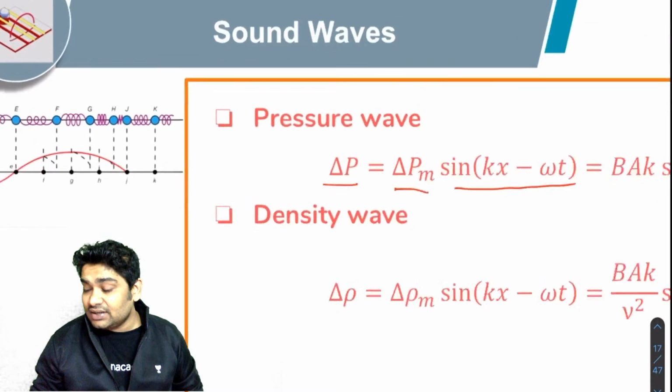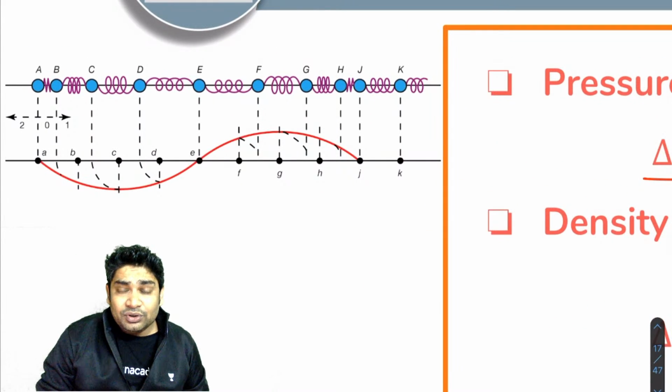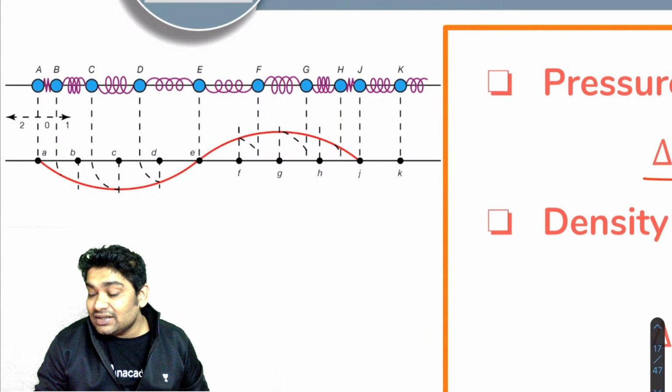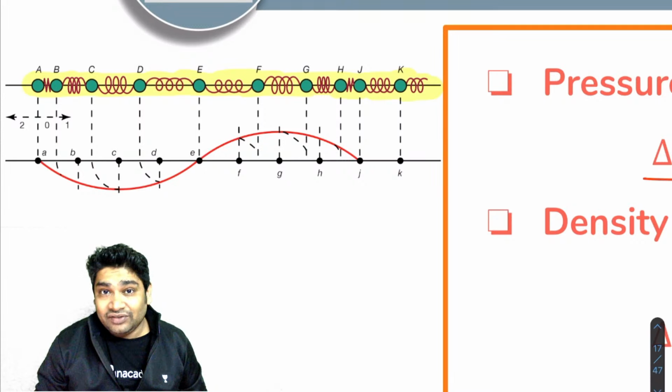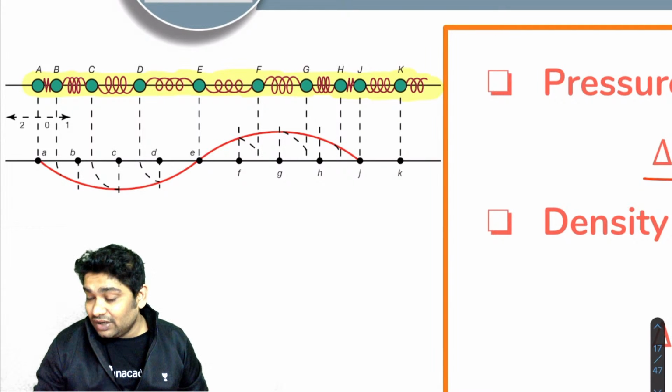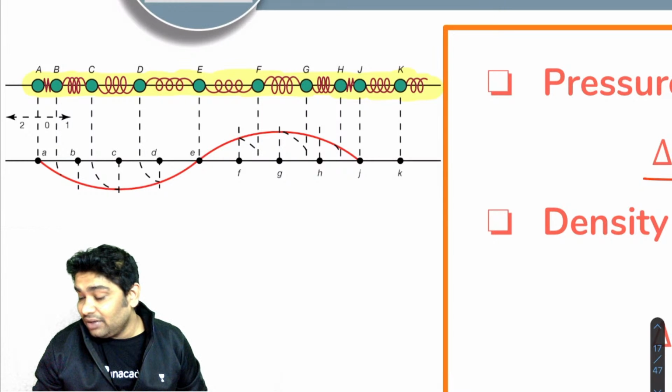Here is the graph that has been shown to you. This is the variation in pressure. This is the actual motion of molecules, and molecules can be represented roughly as spring-block systems. Then you have the variation of pressure. The pressure variation from the mean can be denoted like this.